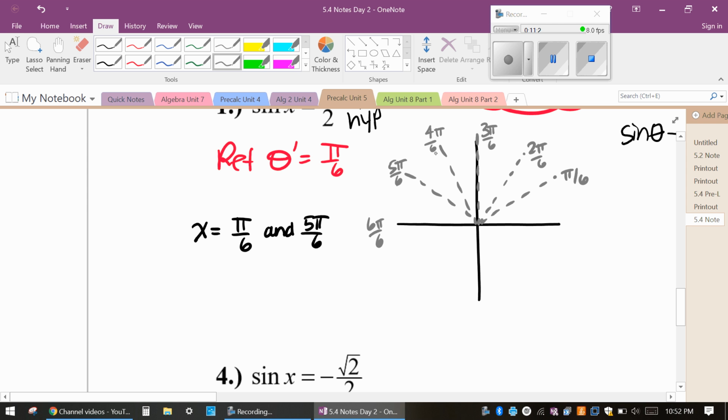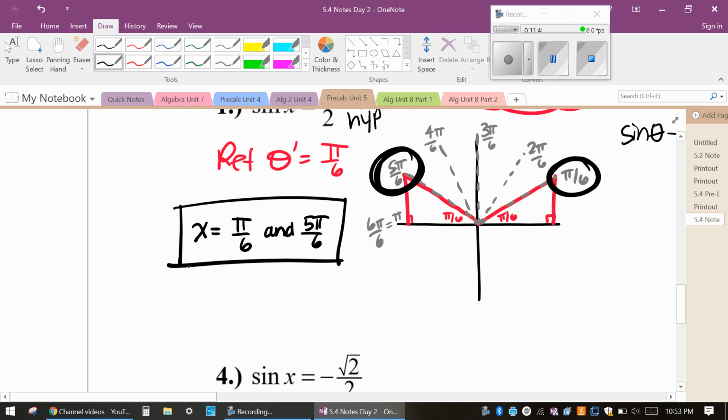Sorry, 4 pi over 6 reduces to 2 pi over 3, and then 6 pi over 6 reduces to pi. So remember what I said, that the two angles that have a reference angle of pi over 6 were 5 pi over 6 and 1 pi over 6. Go ahead and pause the video, rewind, and rewatch this problem to make sure that you understand it.